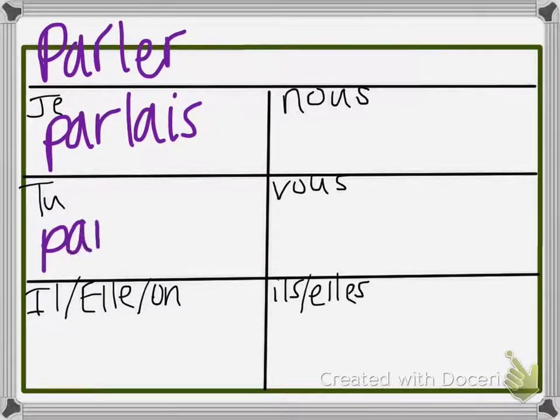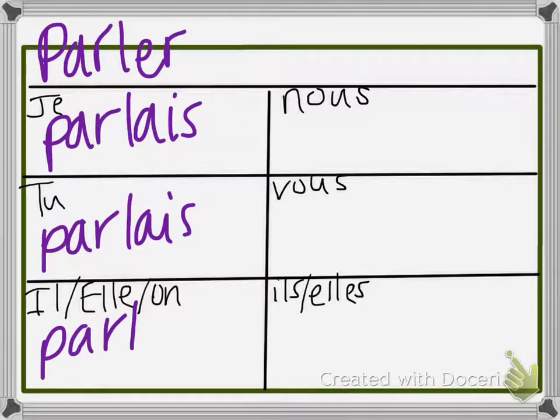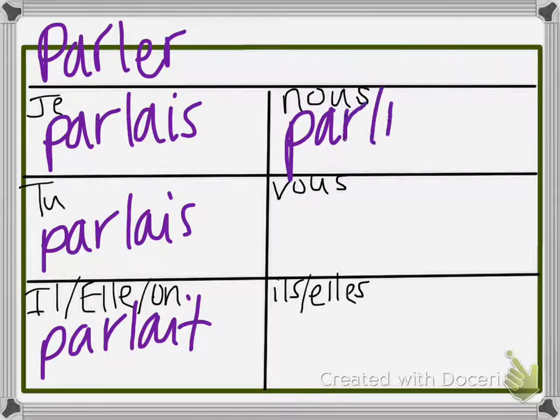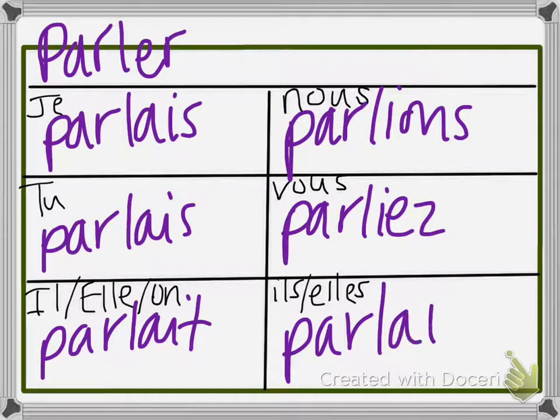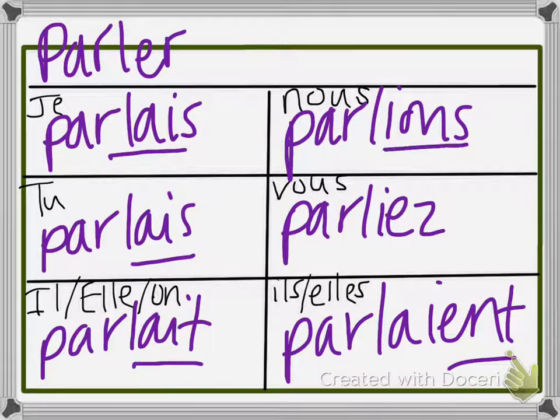Je parlais, tu parlais, il, elle parlait, nous parlions, vous parliez, ils, elles parlaient. So notice there's still that ENT, but we still don't pronounce it.